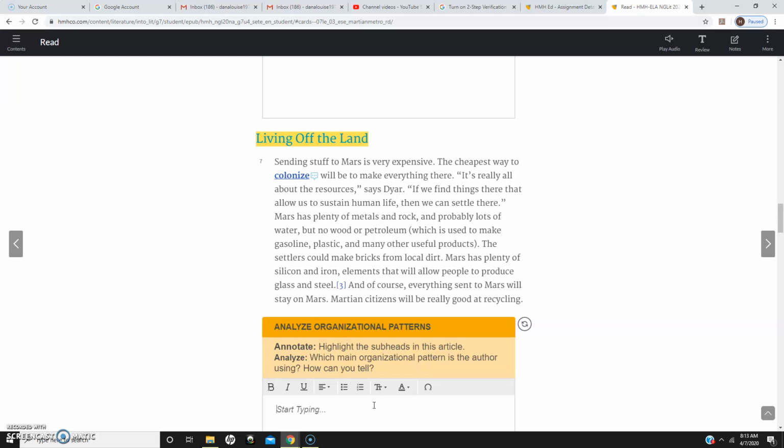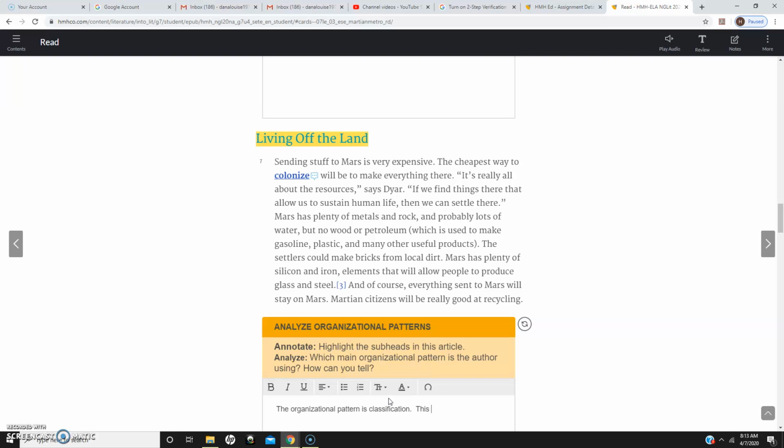So how do I know? So I'm going to type in here: the organizational pattern is classification. Always check my spelling. Period.